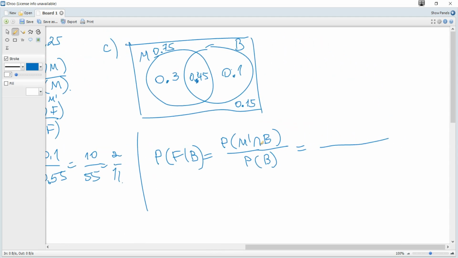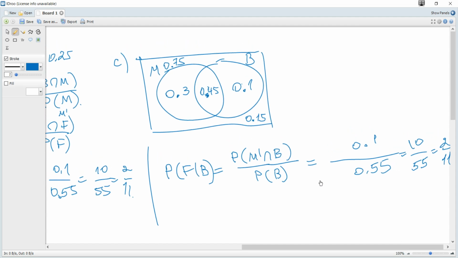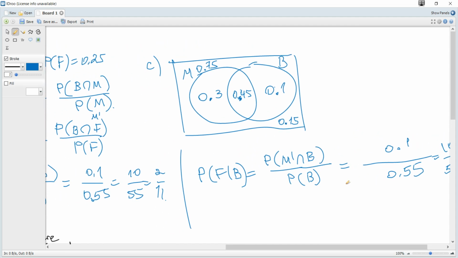Probability not M and B at the same time is 0.1, divided by probability of B, the total circle, 0.55, and you can see that we get the same result, 10 over 55, which is 2 over 11. And that's all for this question.